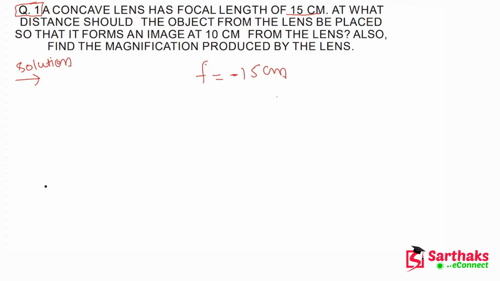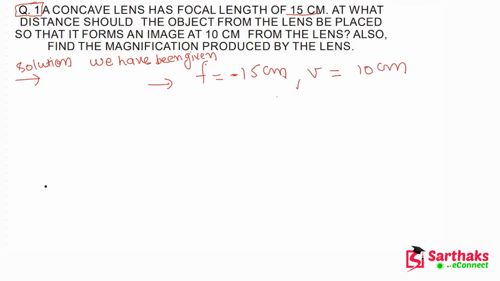Now, at what distance should the object from the lens be placed so that it forms an image at 10 centimeter? Now, let me write the other thing we have been given here. So this is the data which we have been given. Focal length, and the image distance, and that is 10 centimeter.